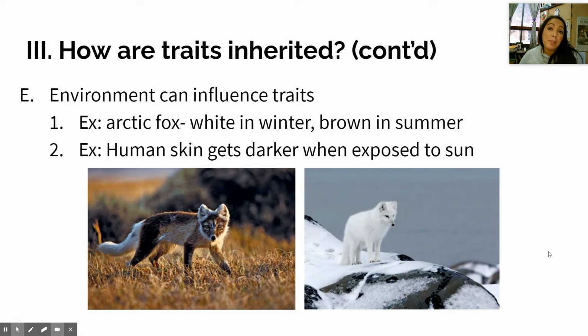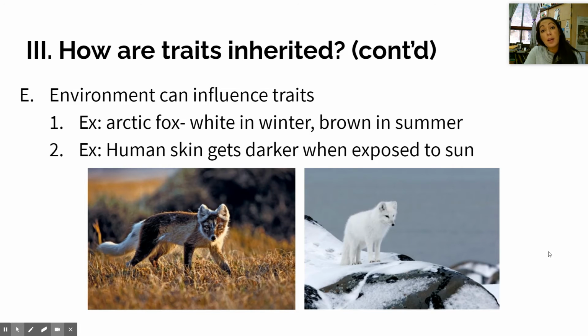Sometimes the environment can influence traits or what you see. A really good example of this is, I really love this picture here of the Arctic fox. The Arctic fox is just one of tons and tons of examples of an animal that has the environment having an impact on its phenotype. So the environment can influence what traits it has.